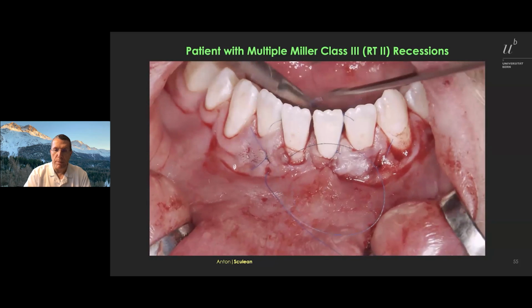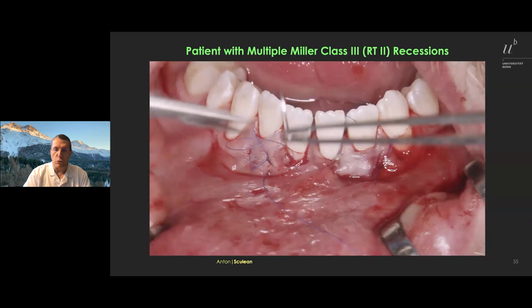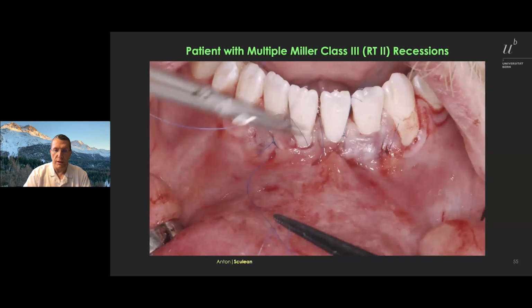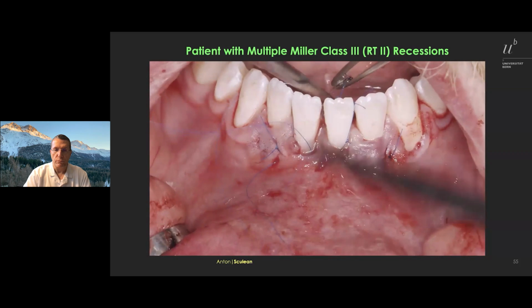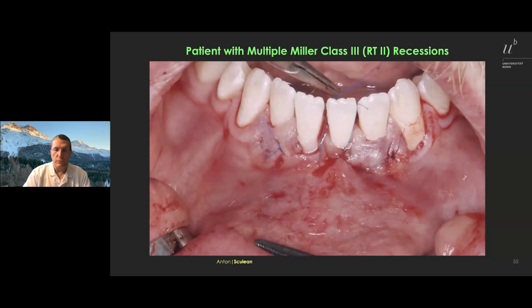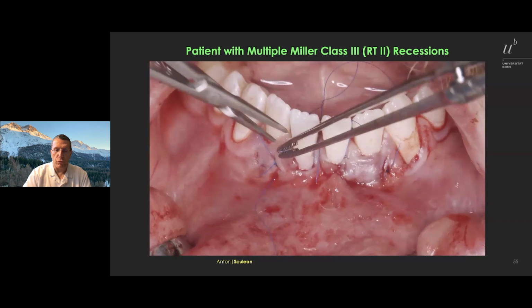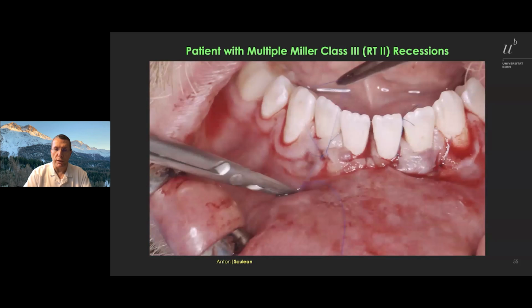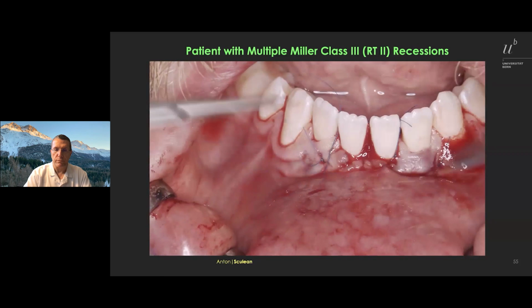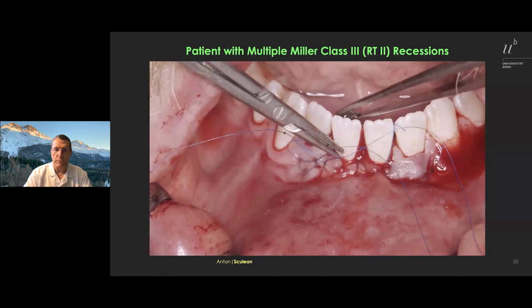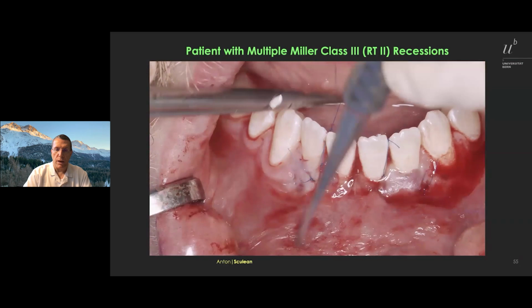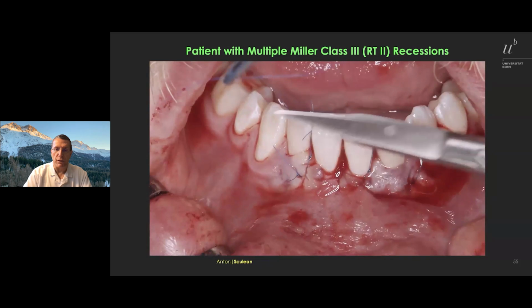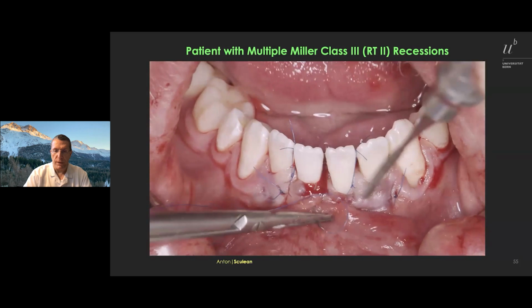However, the neighboring tooth needs to be addressed with a coronally advanced sling. So a sling suture that will move the soft tissue coronally. And I like to combine the sling suture with another suture over the retainer.